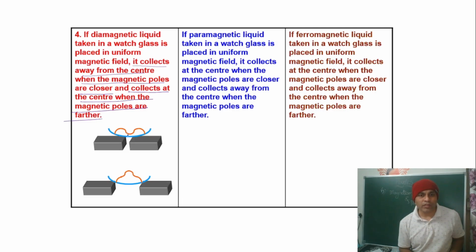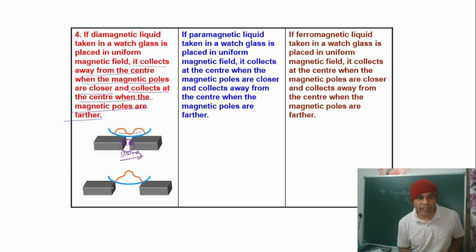What happens at the end of these magnets is that the force is very strong. They are trying to get away from this stronger field. That's why the water is very less here, and the water is going away. Water is diamagnetic, as you see.